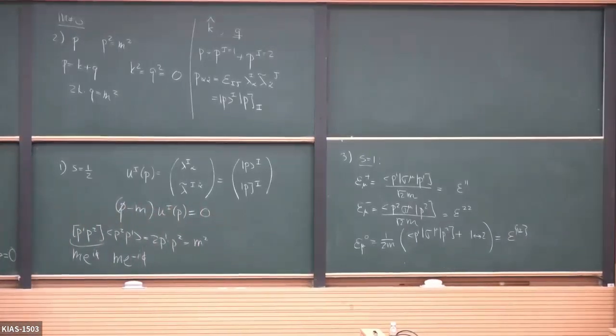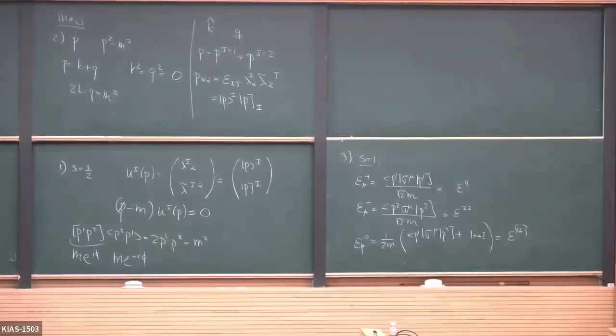And so collectively, we can write all of these polarizations together. So our polarization is now this tensor epsilon mu ij, as we wrote over there.